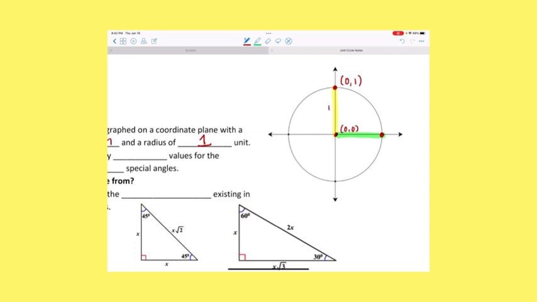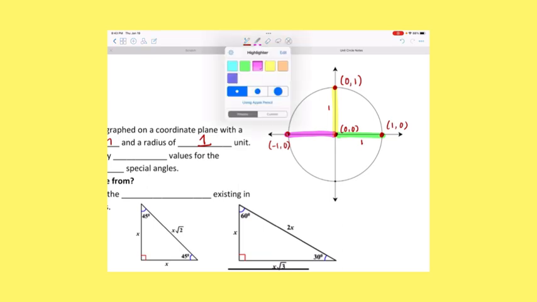So this time we're going to go over 1, but we're not going up, so the coordinates there would be 1, 0. Or if we go this direction, then the coordinates here, again a radius length of 1, would make this negative 1, 0. And then down here, radius length of 1, the coordinates would be 0 and then negative 1.